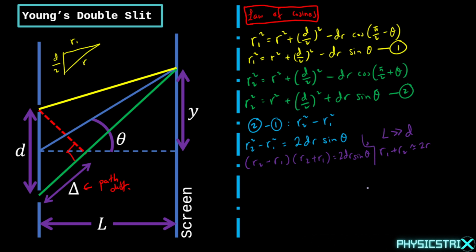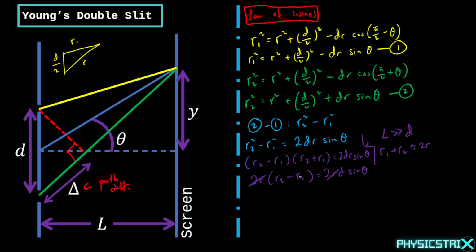R1 plus R2 is 2R, so I'm left with 2R times (R2 minus R1) equals 2Rd sine theta. I can cancel those out for both sides.